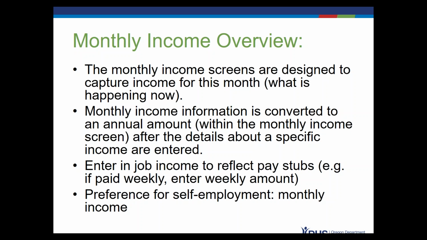So the initial screens you see, and we'll go through some screenshots, they are designed to capture monthly income. When it comes to the applicant portal, it spits out an annual number after you've put in the income. But know that these are to capture that monthly income test we were talking about, sort of the normal way that we are used to doing for a majority of our members and applicants.